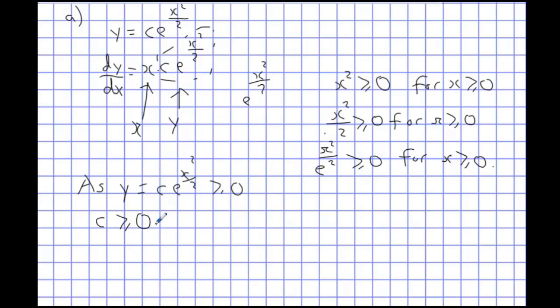Because if it wasn't, then c being negative could turn this whole thing negative. So therefore, y equals c e to the x squared over 2 is a solution for all real c where c is greater than or equal to 0.